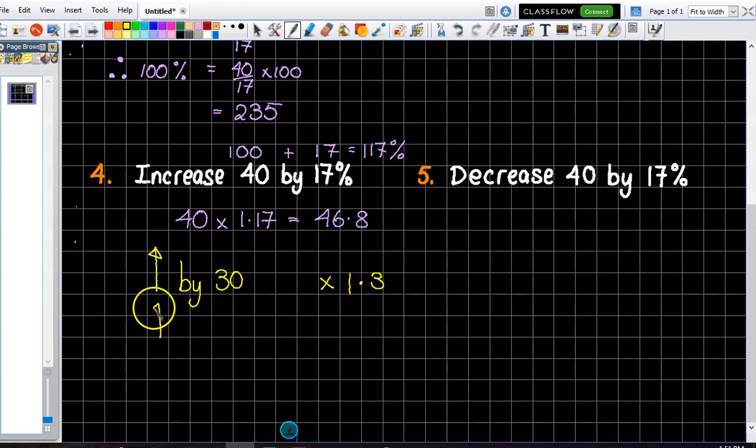If I want to increase something by 82%, oops, I should have put the percent there. What do I have to multiply by? 1.82, good. Here comes tricky maths. What if I multiplied by 1.04?